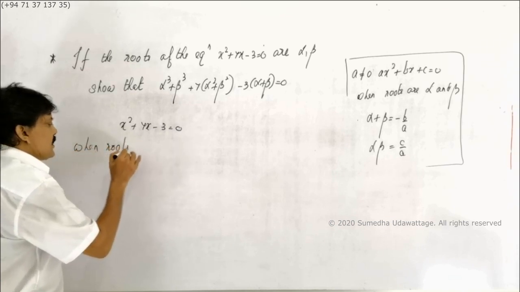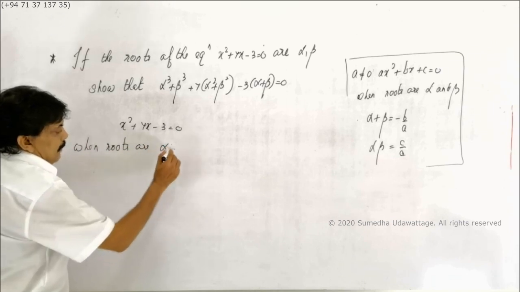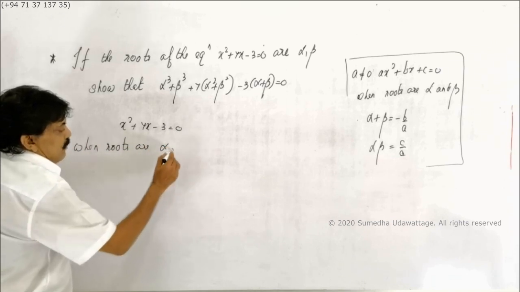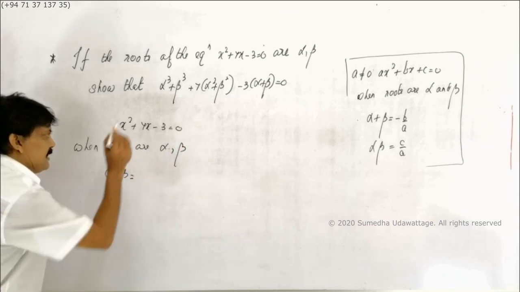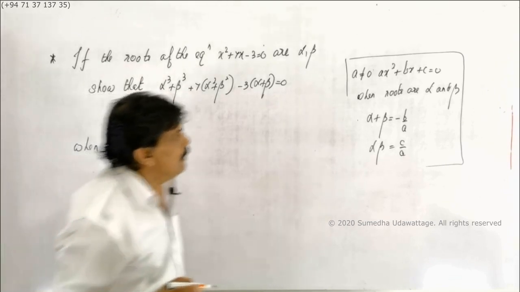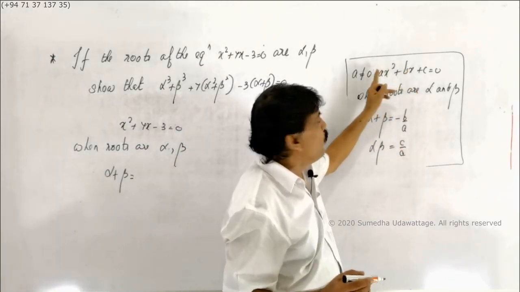When roots are alpha, beta, you get alpha plus beta is equal to, look here, minus b over a.